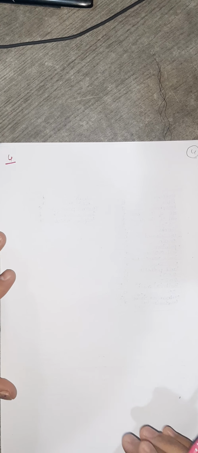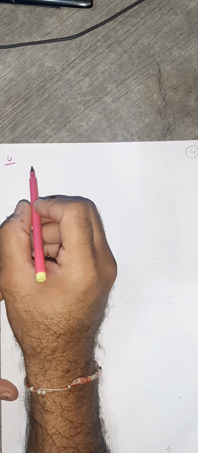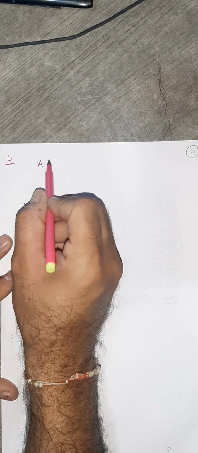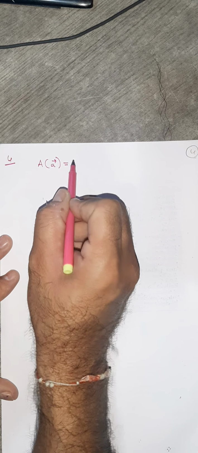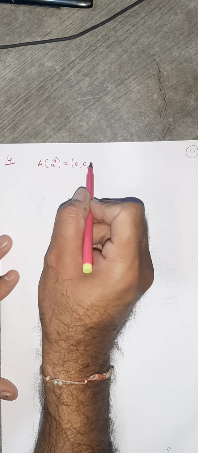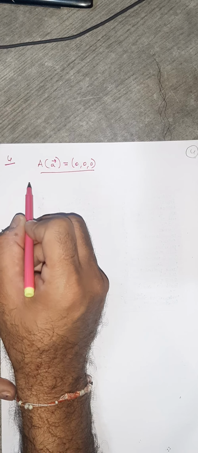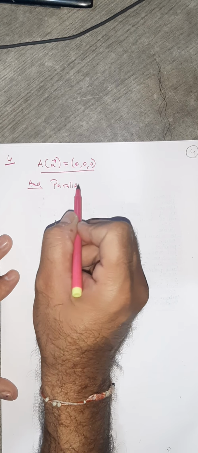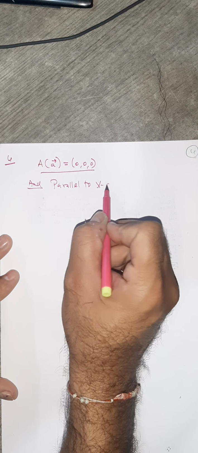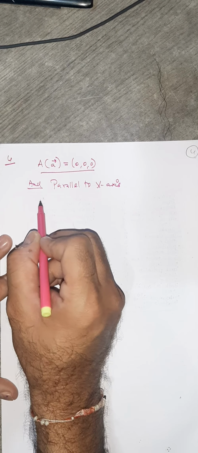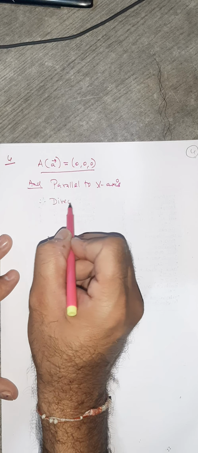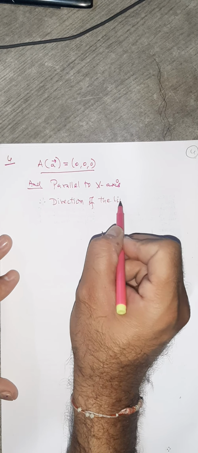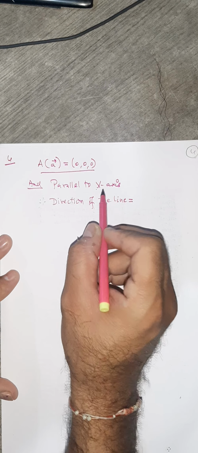In the fourth question, you want the line through the origin. So you need a fixed point here, which is the origin, which we usually write as vector A, which is 0, 0, 0. The line passes through the origin and is parallel to the x-axis. So the direction of the line is the same as the direction of the x-axis.